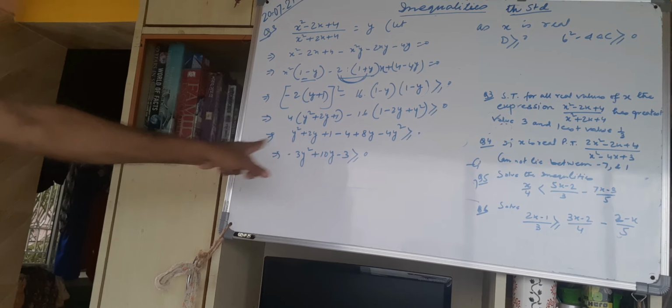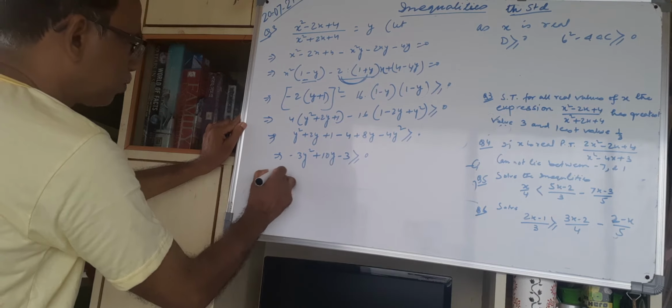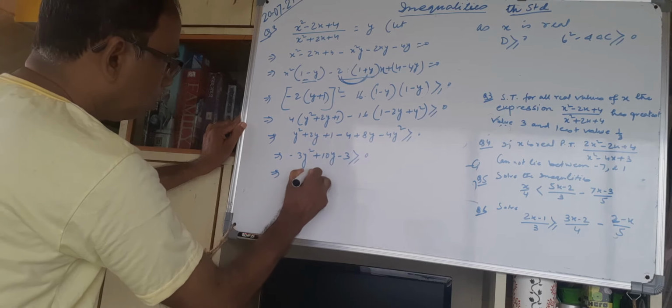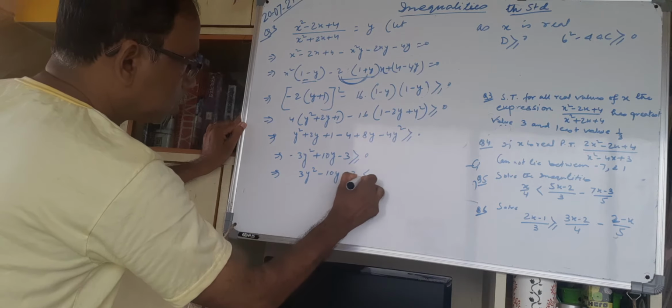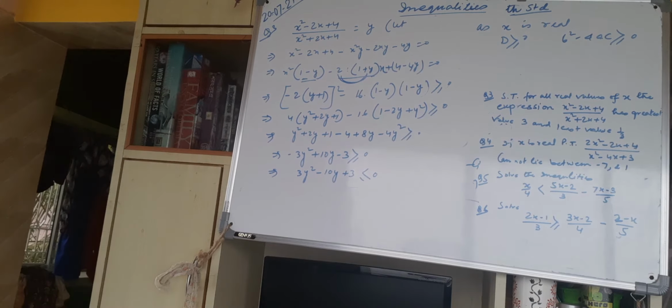If we multiply by minus both sides, the sign will change, that is 3y² - 10y + 3 should be less than or equal to 0.